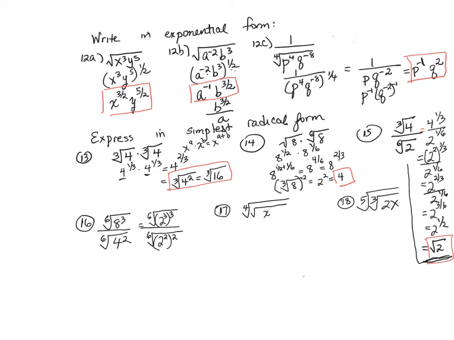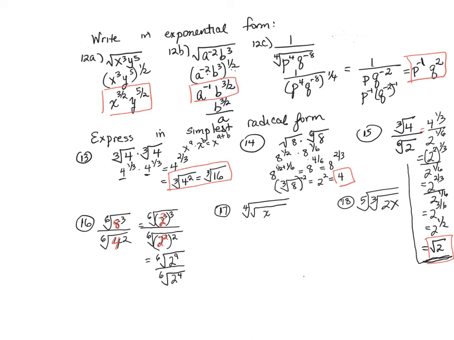Keep in mind that this is the 8, and 2 squared is the 4, right? So if we simplify that using rules of exponents, we get the 6th root of 2 to the 9th. Remember, we multiply here, over the 6th root of 2 to the 4th.